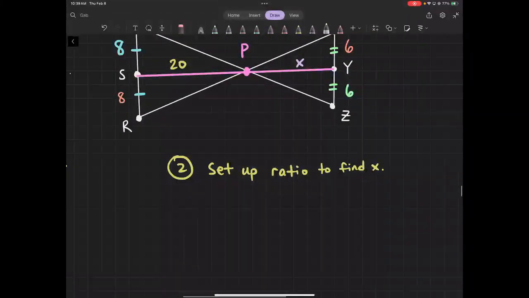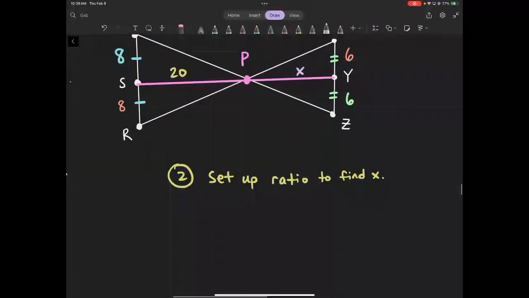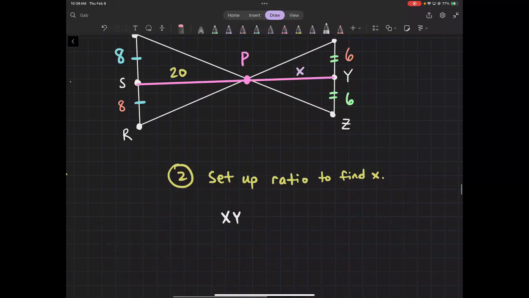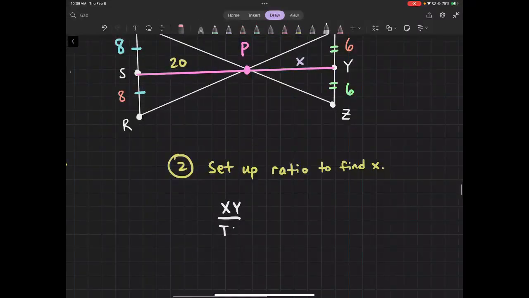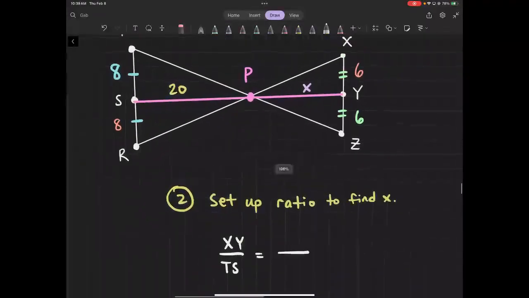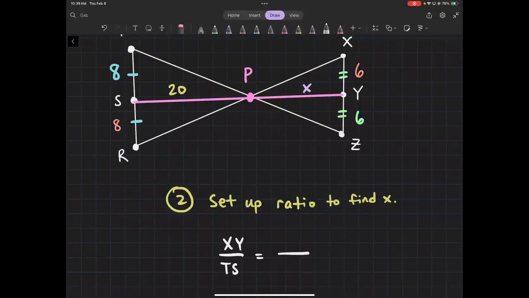Okay, I will do something very similar to what we've been doing in the past. XY over, was it TS? Should be equal to what over what? And I'm not plugging in numbers right now, right? So the one in question is to find the little x. How do you call that side right there?